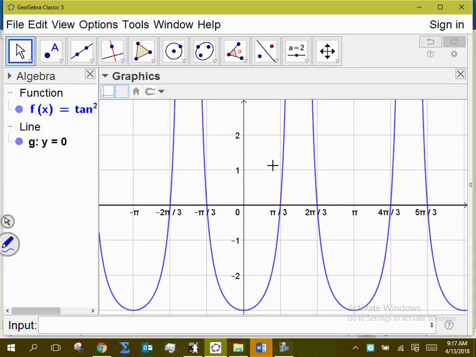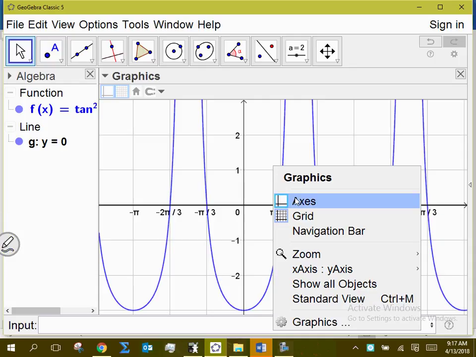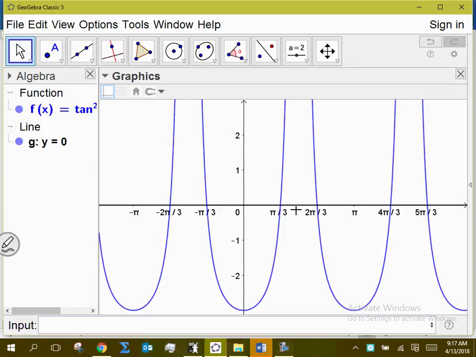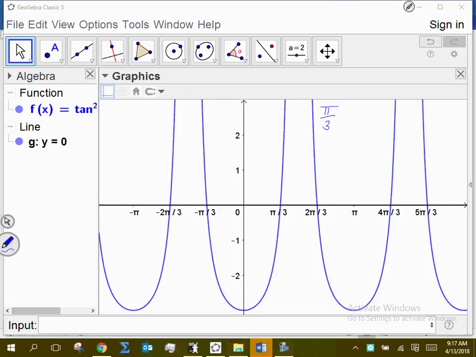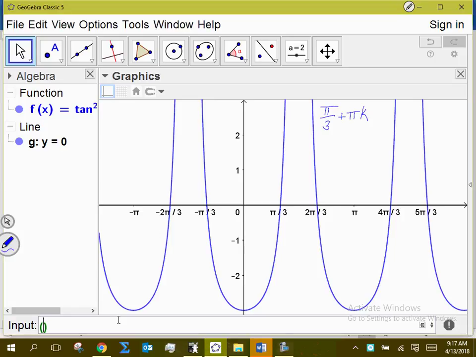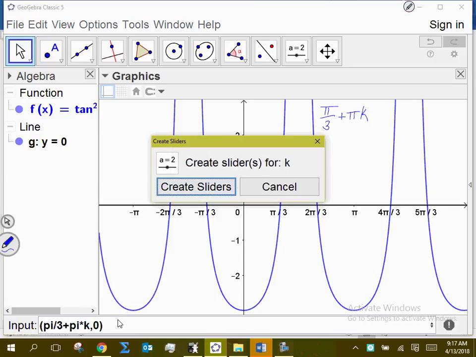Okay, but if I write the infinite solutions of pi over 3 plus pi k. Let's see what happens when I write pi over 3 plus pi times k, comma 0.